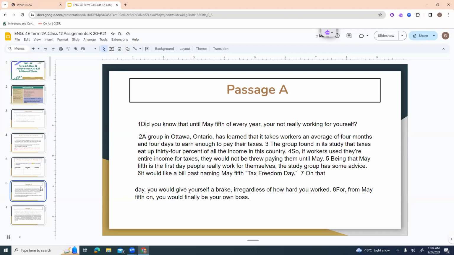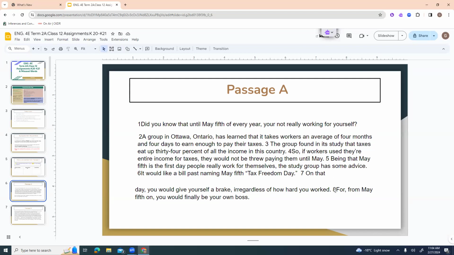Being that May 5th is the first day people really work for themselves, the study group has some advice. It would like a bill passed naming May 5th Tax Freedom Day. On that day, you would give yourself a break, irregardless of how hard you worked. For from May 5th on, you would finally be your own boss.